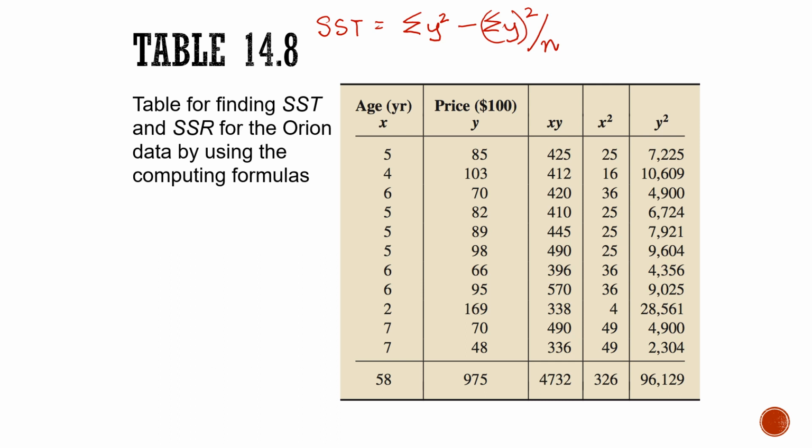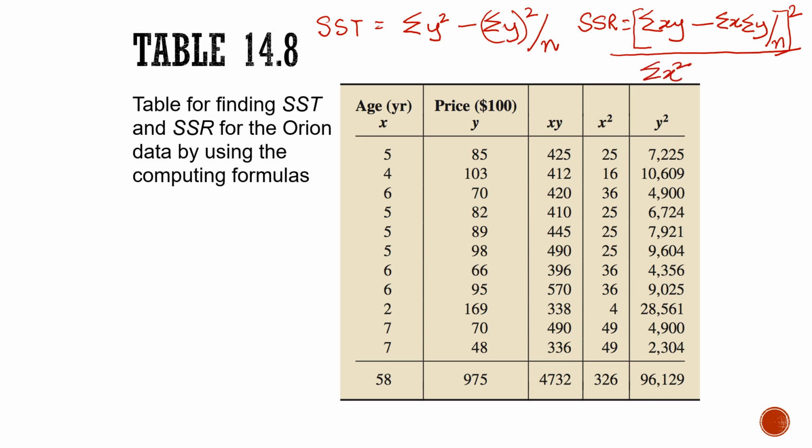For SSR, this is how the formula looks. It's sigma x times y minus sigma x times sigma y divided by n, and this whole numerator is squared, divided by sigma x squared.